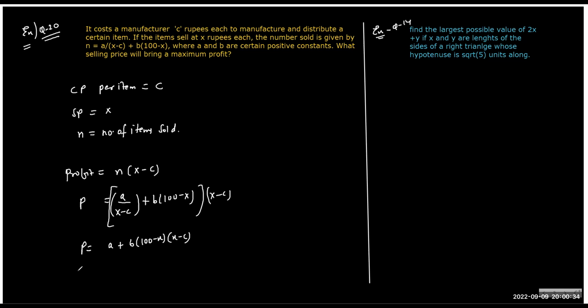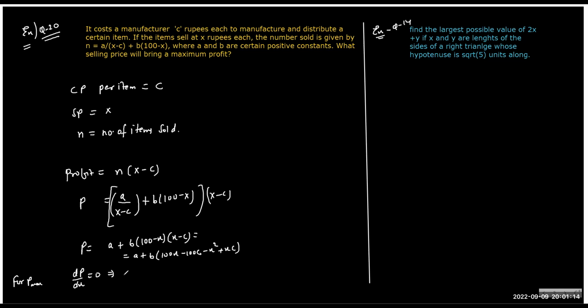So what is the maximum profit condition? For P max, dP by dx equals 0. To maximize the profit, we must differentiate and equate to 0. Better is you can multiply this entire thing out, 100x minus, and I hope you can differentiate this also.